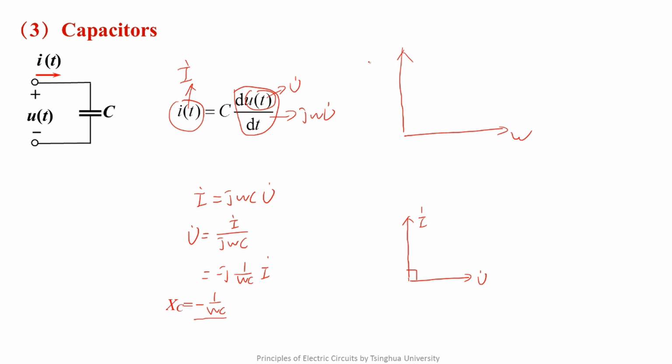Because capacitive reactance is negative, it's written in this form, absolute value. When the frequency tends to be 0, the capacitive reactance tends to be infinite. When the frequency tends to be infinite, the capacitive reactance tends to be 0. This is a reciprocal curve.